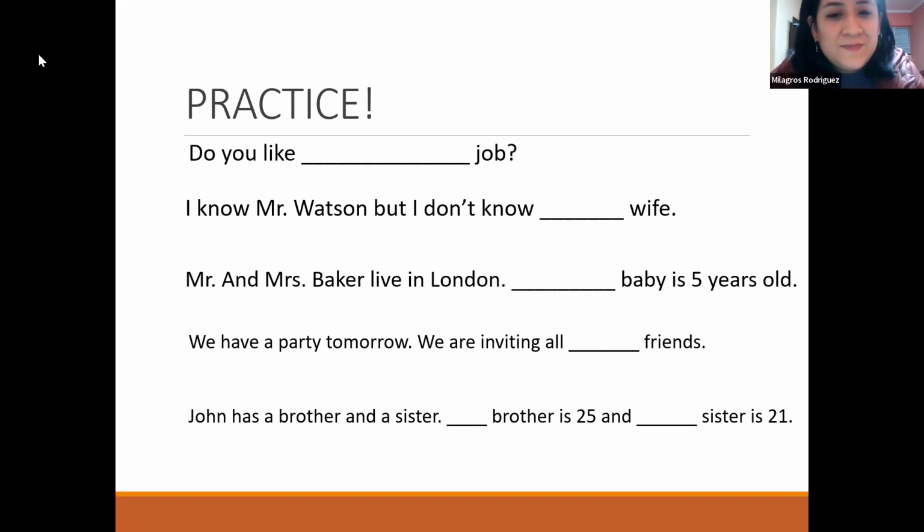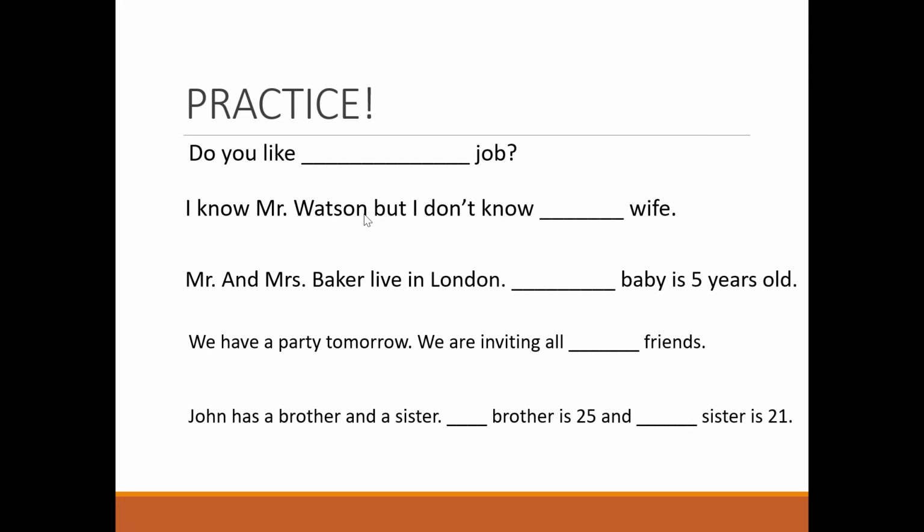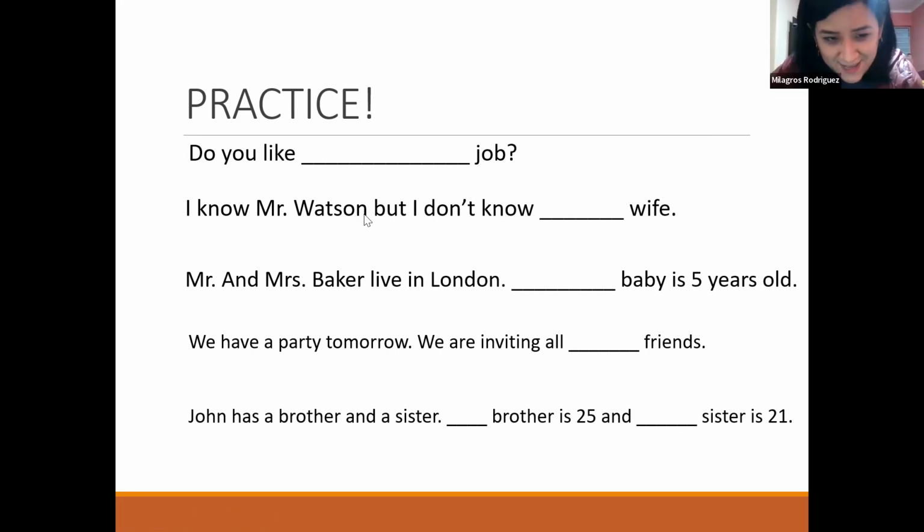The fourth, who can read? Me, teacher. Merly, read please. We have a party tomorrow. We are inviting all our friends. Excellent, right? Because our is the possessive adjective of we.